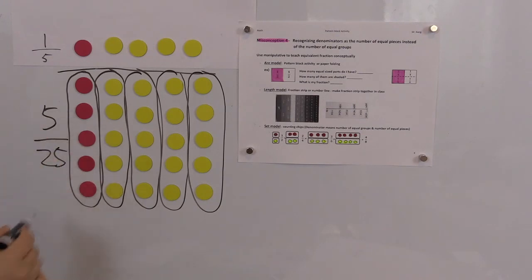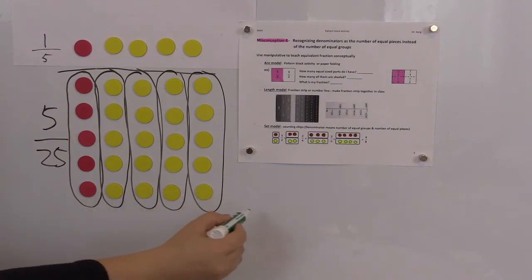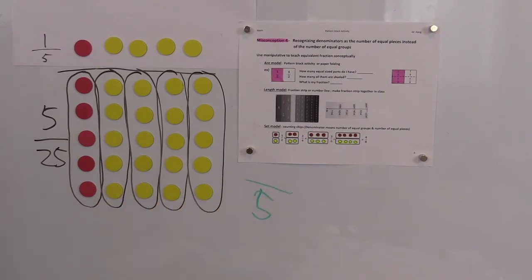So my denominator can be 5. That means I have a number of equal groups. And how many groups out of 5 is red? Is 1.